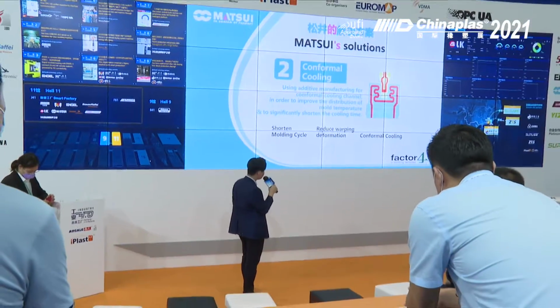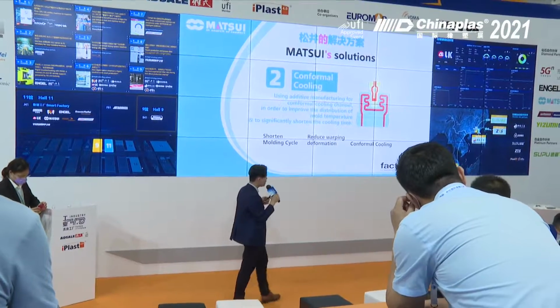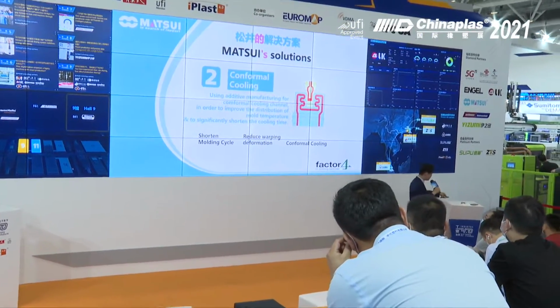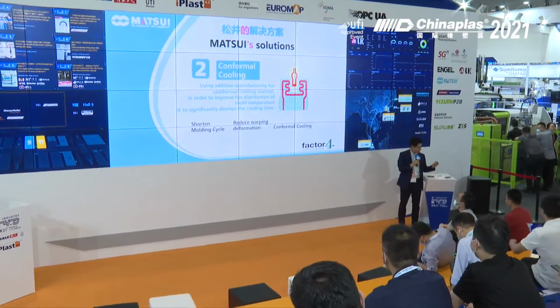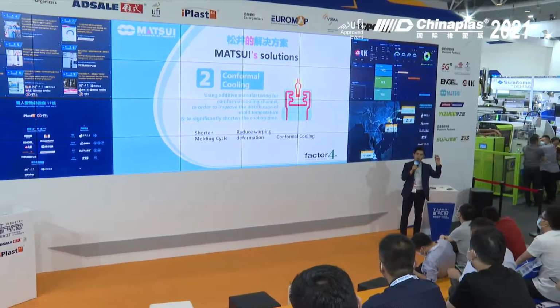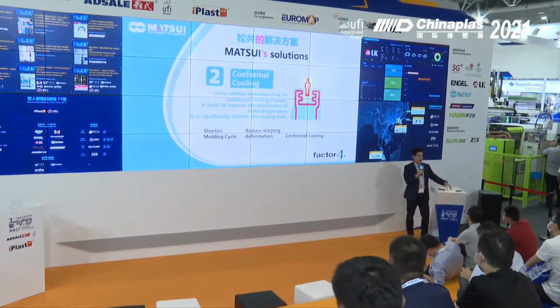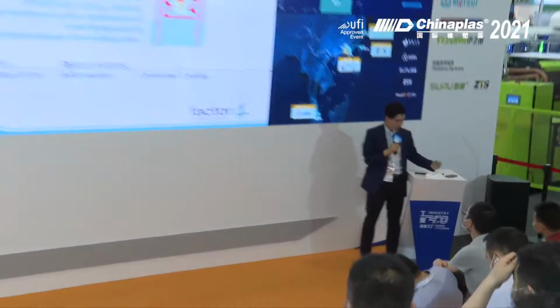The second point is about conformal cooling technology. Here, I bring a product of conformal cooling. It's a mold, very small, right? When we use traditional water cooling, we cannot make too small a water pipe.